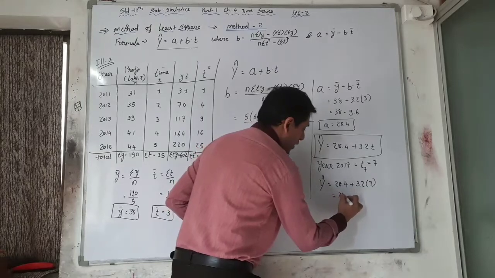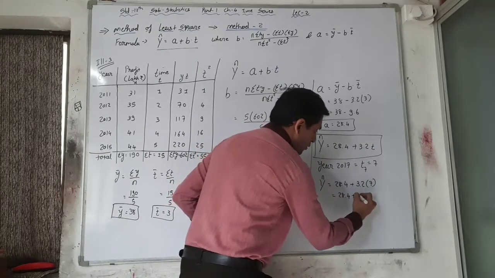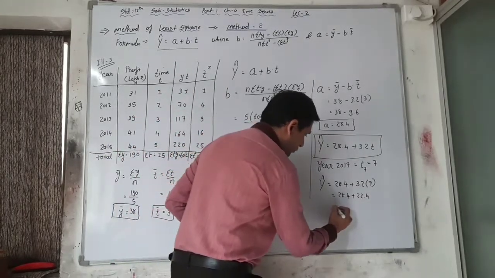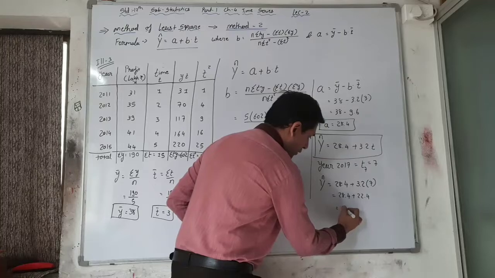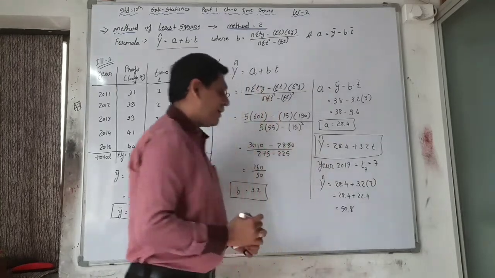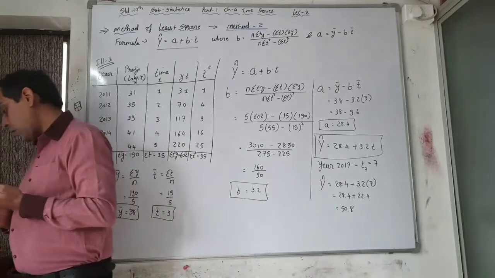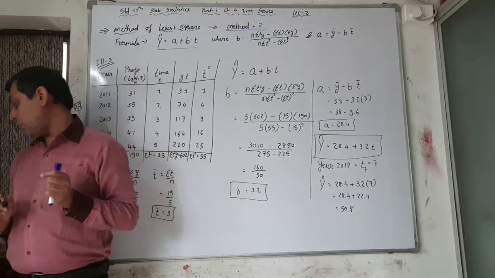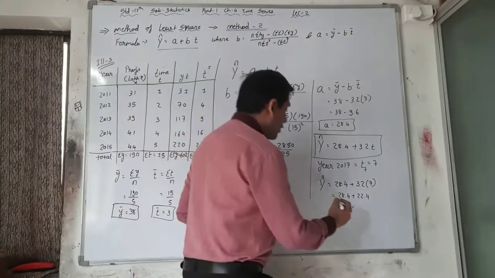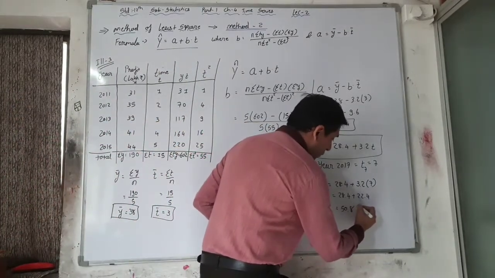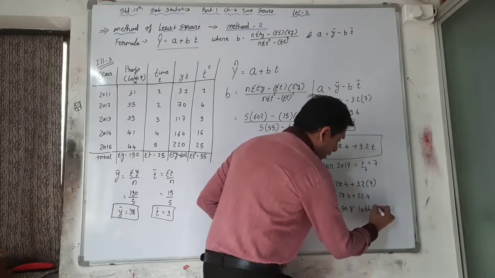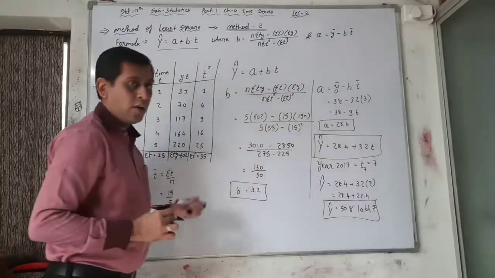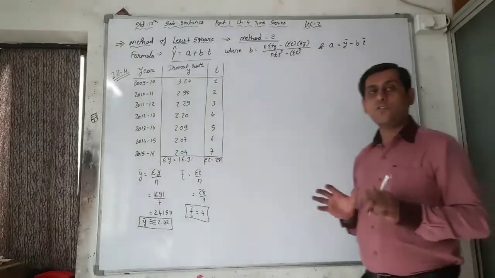So here 28.4 plus 22.4, okay, so 50.8 is your estimated profit in lakh rupees. Thus the estimated trend of the profit for the year 2017 is 50.8 lakh rupees. This is your answer. First of all, write down this. Okay, complete illustration number 3.